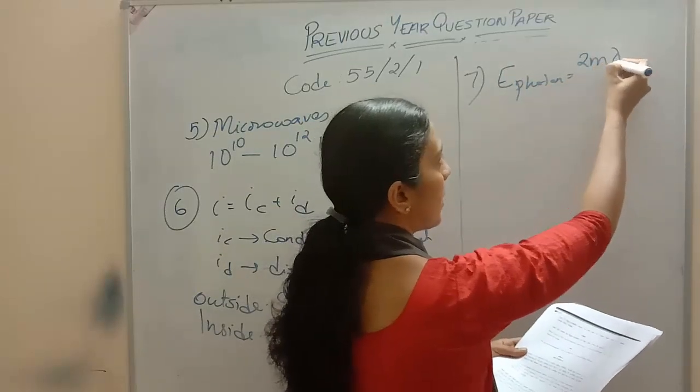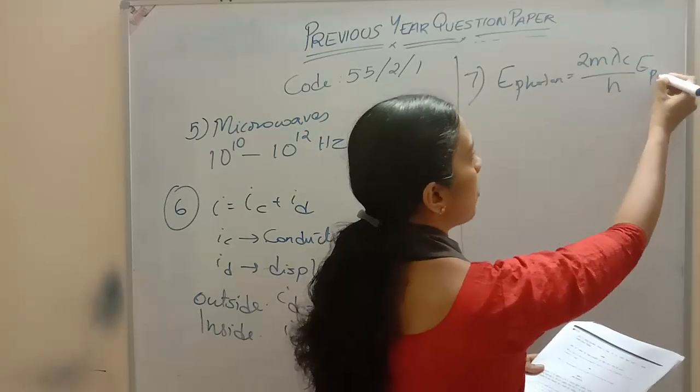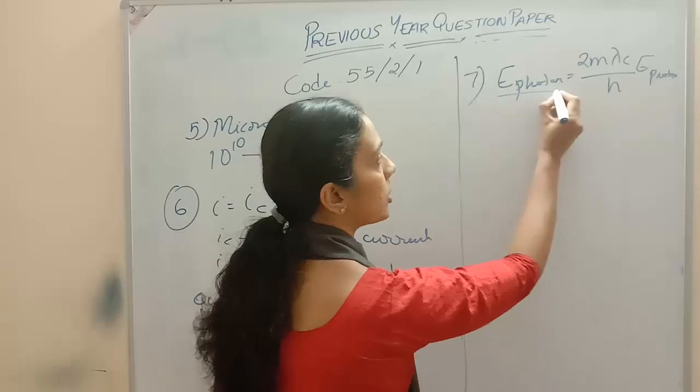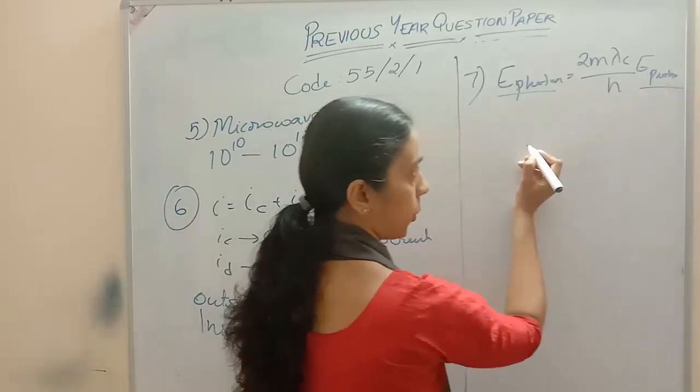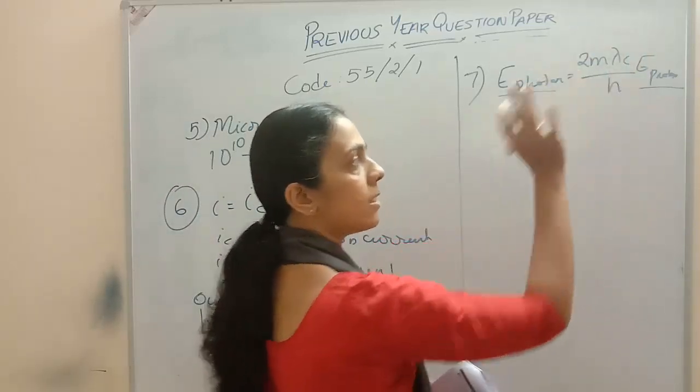We can find the energy of the photon and the energy of the proton, then divide those two. If we get this answer, we can prove that.